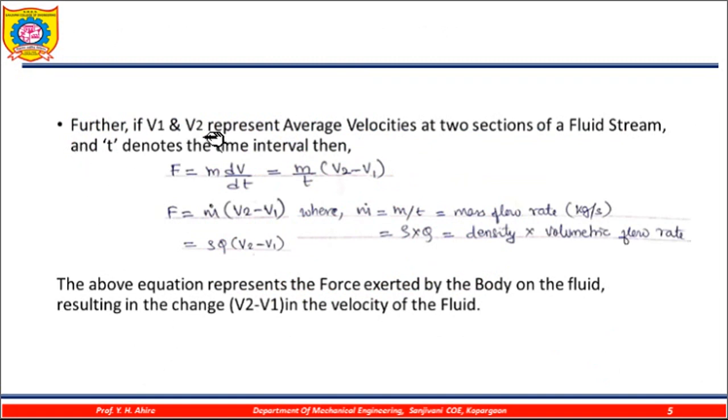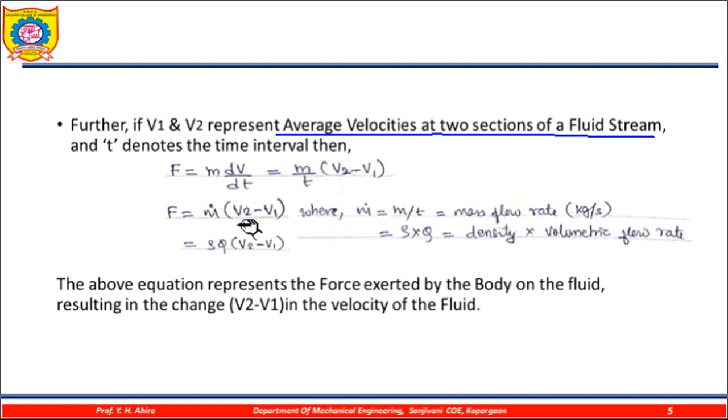Further, if v1 and v2 represent average velocities at two sections of a fluid stream, and t denotes the time interval, then the same equation of force F can be written as m dv by dt. m is constant, and this can be written as m upon t into dv. dv means final velocity minus initial velocity, so v2 minus v1.